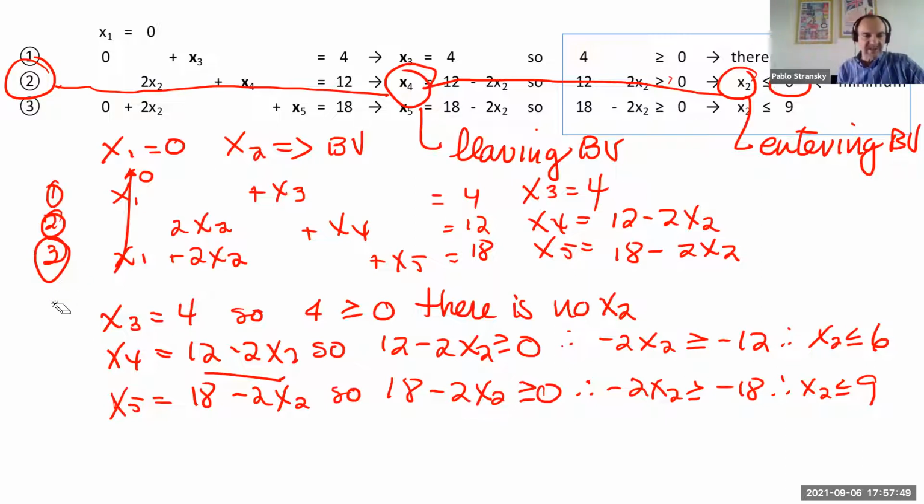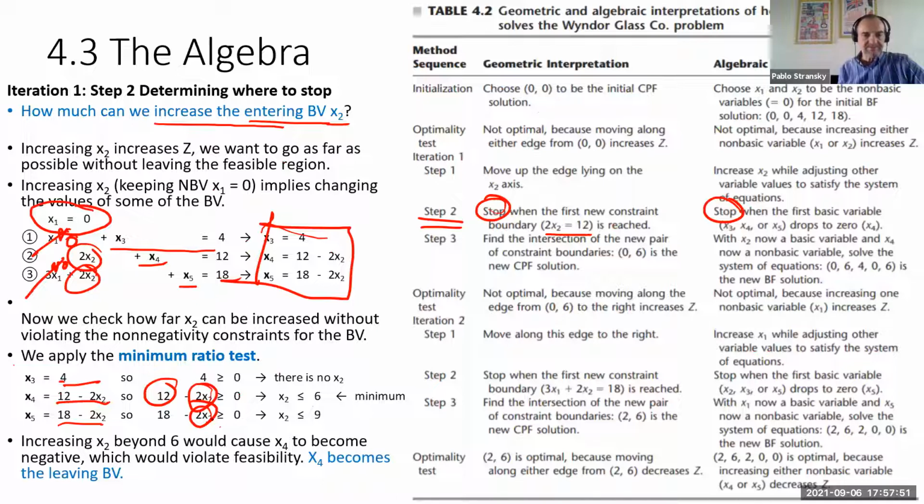And that's what I'm saying here. Now that here is summarized: because x2 is less or equal to 6, and x2 is less or equal to 9, my minimum value is 6. So because it's 6, it means that x4 becomes the leaving basic variable, okay?